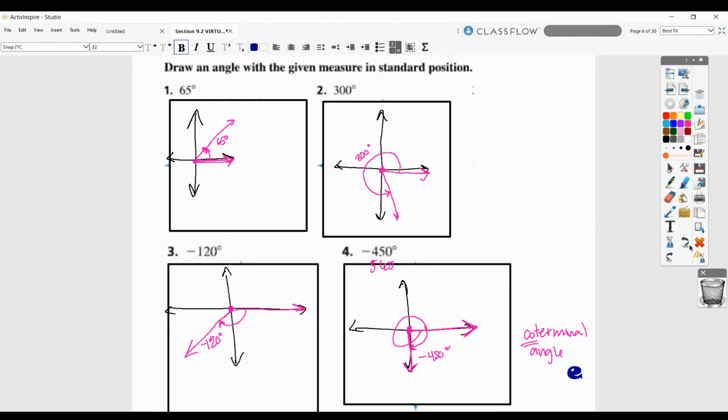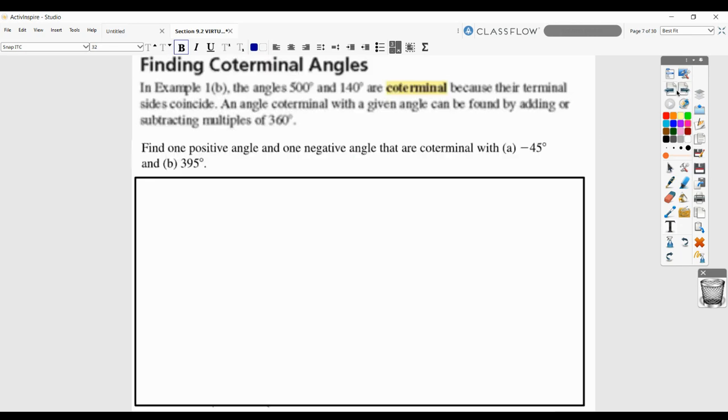So if you notice here, I went around a few times and I ended up at this angle measurement, which if you think about it, if it was a positive angle, that would be 270 degrees. So that's something called coterminal, meaning they land on the same spot.